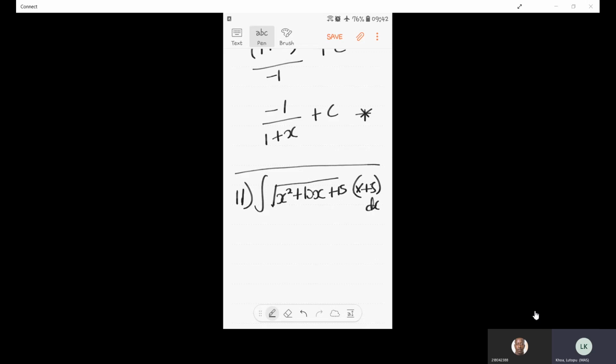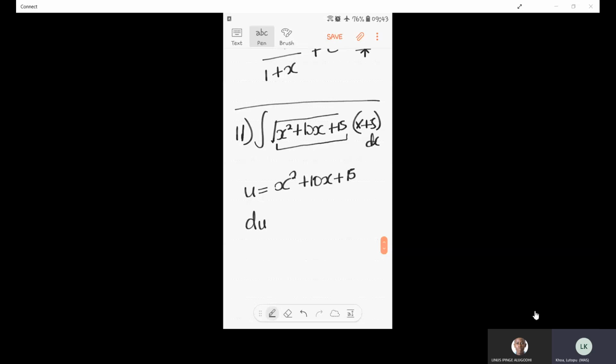Now here what you need to realize is if you differentiate what you have under the square root, you will have 2x plus 10, which is just a constant multiple of your x plus 5. So u is equal to x squared plus 10x plus 15, and then you differentiate, you get du, which is equal to 2x plus 10 dx.